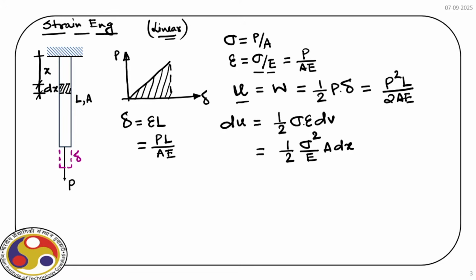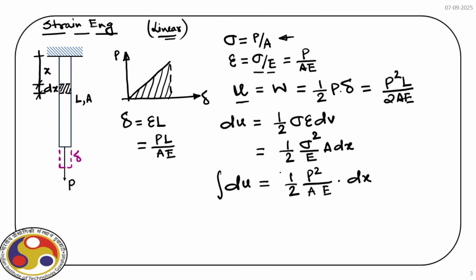Now in place of sigma we can write P by A. So we have half P square by A square times E, and then we have another A here times dx. So we can cancel this A here, and now we have the expression. So dU is this quantity.